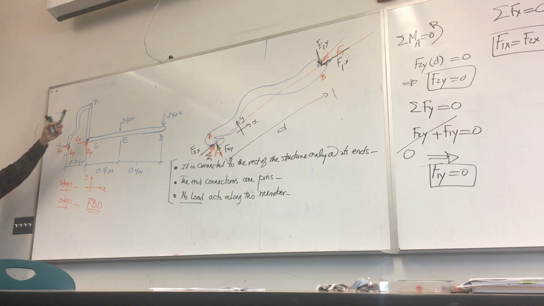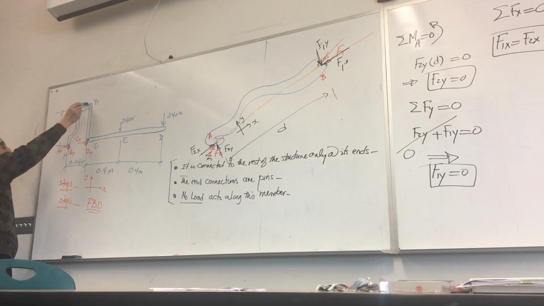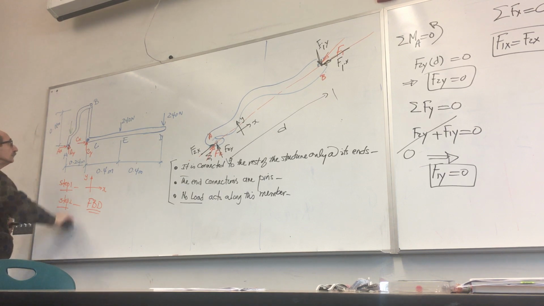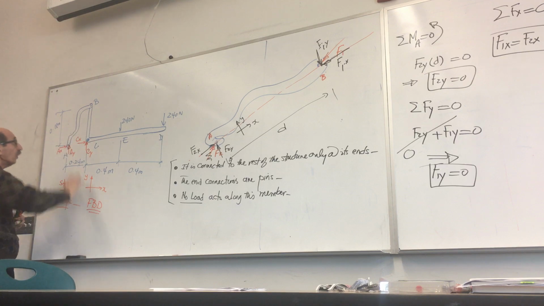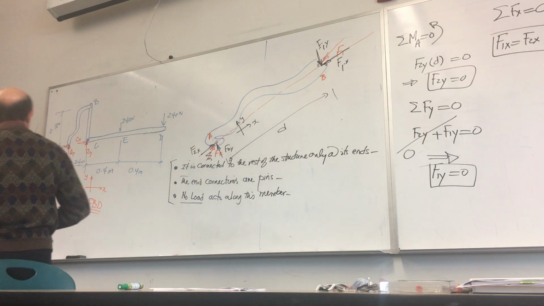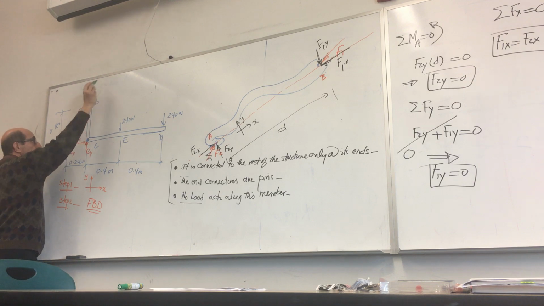Pin connected here, pin connected there. There is no other member or any piece connected along this member anywhere. And there is no load acting along this. In other words, for instance, you don't have a force like this acting on this. There is no load. That means all this represents is a force, okay?